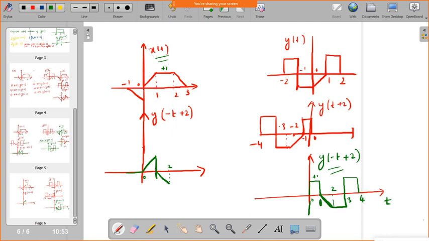Now from 2 to 3 it is minus 1. At exactly 2, you can see here it is plus 1, and x is exactly minus 1 at 2. Minus 1 into plus 1 will again be minus 1 only. This will be minus 1.